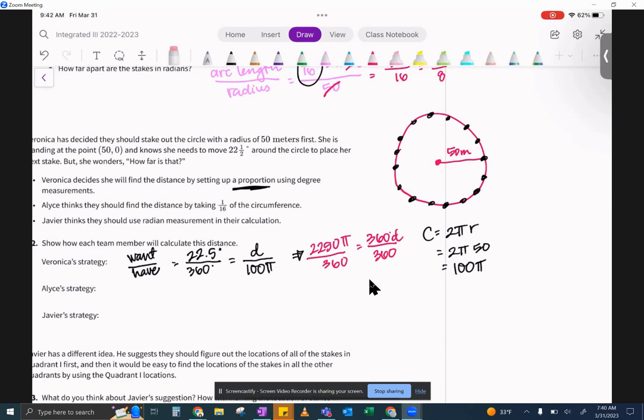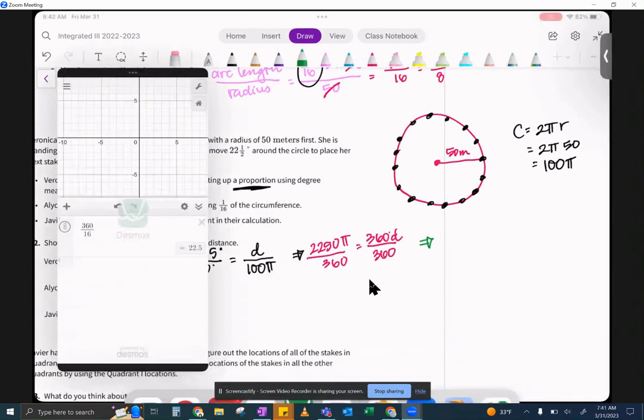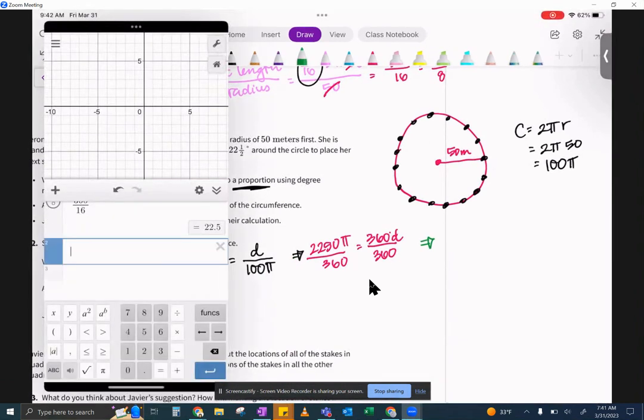I'm just gonna scoot this guy over really quick. There you go. And then I'm just gonna bring up my calculator because that's easier. So D is equal to 2,250 pi divided by 360, right?